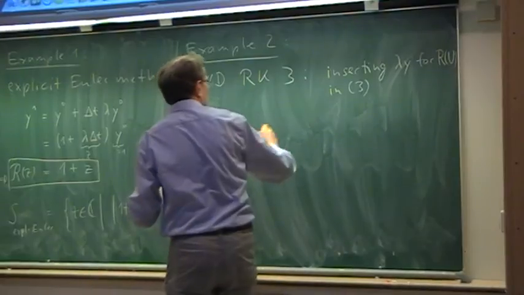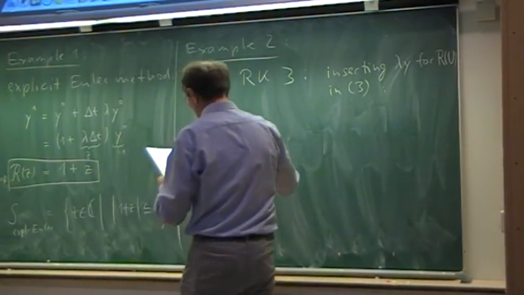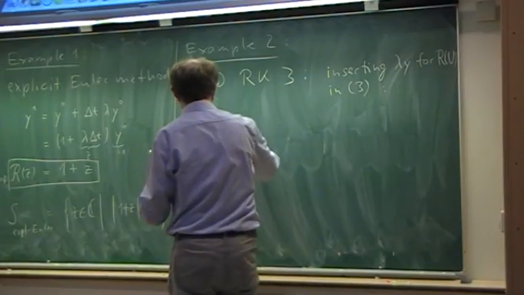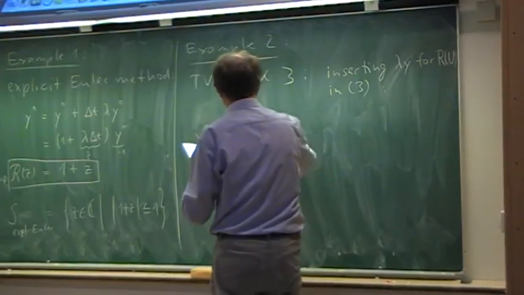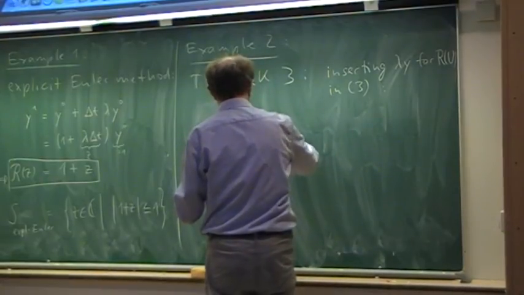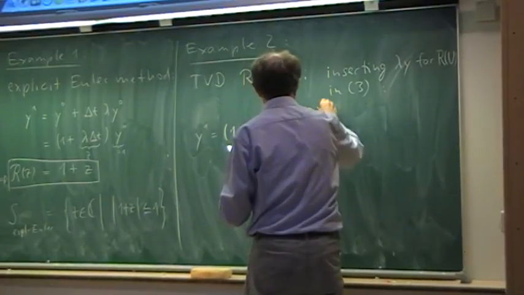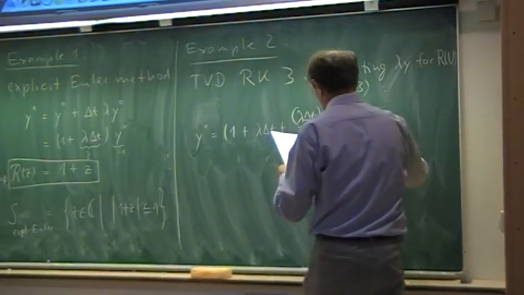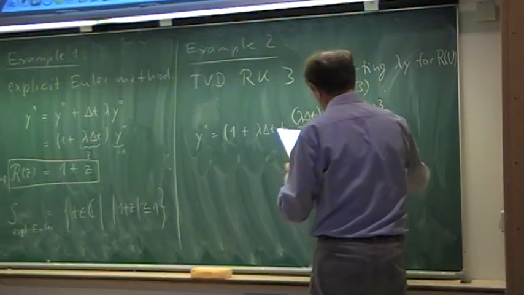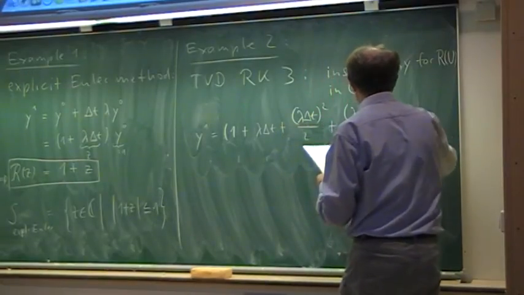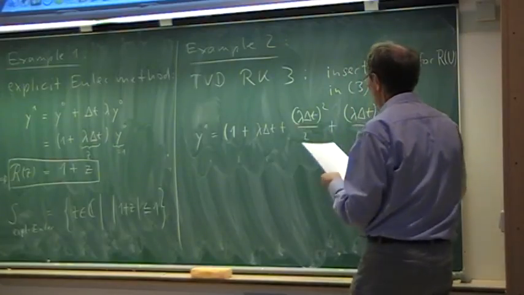So that's the y1. And then we get, in fact, the following: 1 plus lambda delta t, plus lambda delta t squared half, plus lambda delta t to the power 3 divided by 6, times the y0, which is 1.